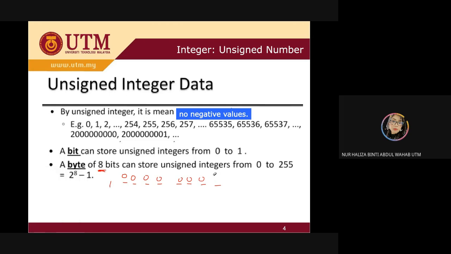And you can see over here, this is a possibility, and then you can change it to 1, 0, and the maximum you will have is 1, 1, 1, 1, 1, 1, 1, 1, isn't it? So this is the maximum number that you can have for 8 bits. If you convert this 1, 1, 1, 1 to decimal, you will get this number.